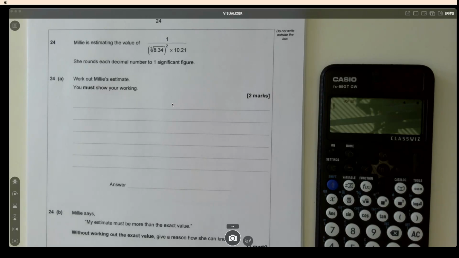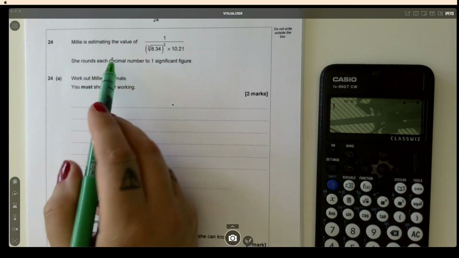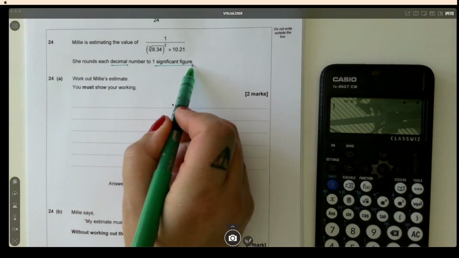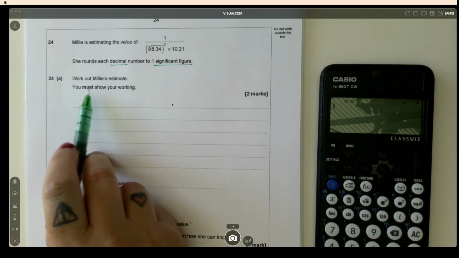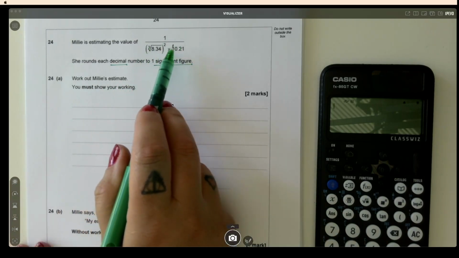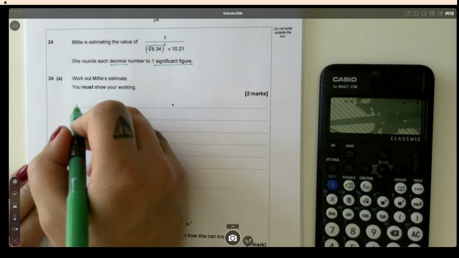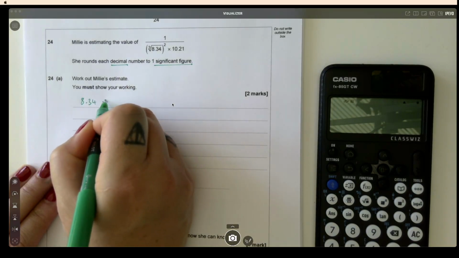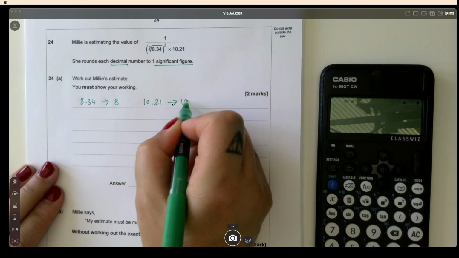Question 24. Millie is estimating the value of this calculation. She rounds each decimal number to one significant figure. Part A, work out Millie's estimate. You must show your working. So the first thing we're going to do is any decimal values in this calculation, we're going to round to one significant figure. So 8.34 would be 8 and 10.21 would be 10.